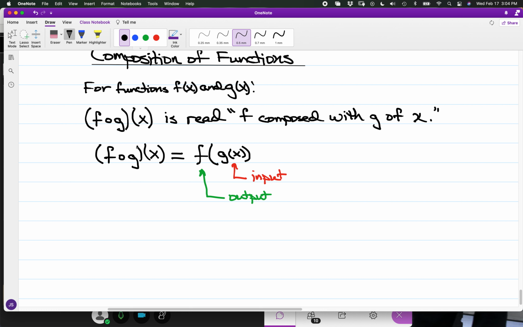And you can also reverse the order of the functions in the composition statement. So you have going from f o g of x to g o f of x. This statement is going to be read g composed with f of x.